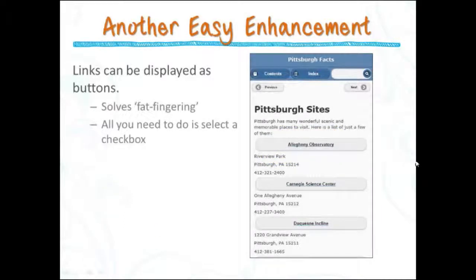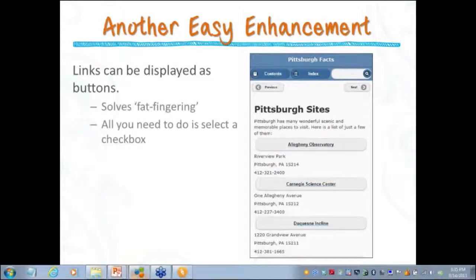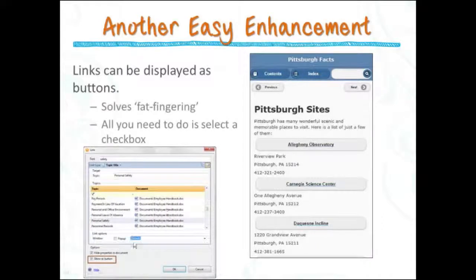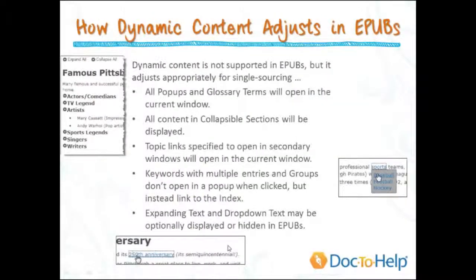And let me turn my highlighter off here. So this is the Show As Button checkbox right there in the link dialog box. Now, dynamic content does adjust in EPUB.